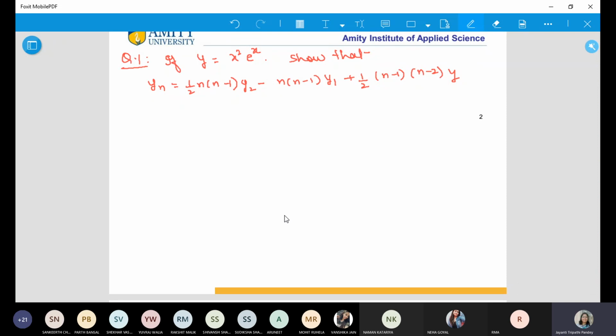Now if you check this, nothing is mentioned about how you will solve it. Nowhere is it mentioned that you have to use Leibniz, but actually you have to use Leibniz in it.